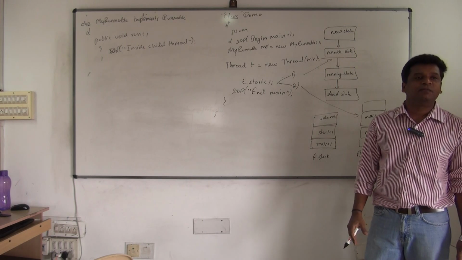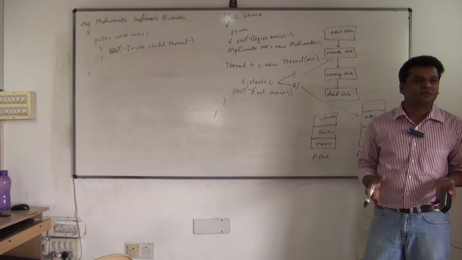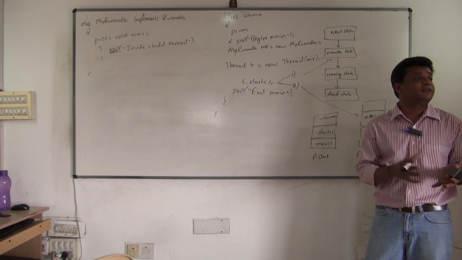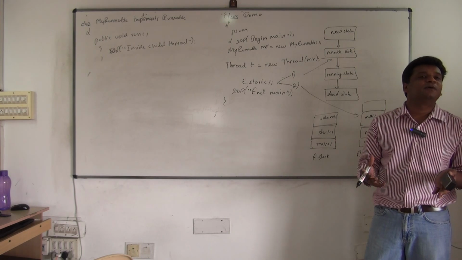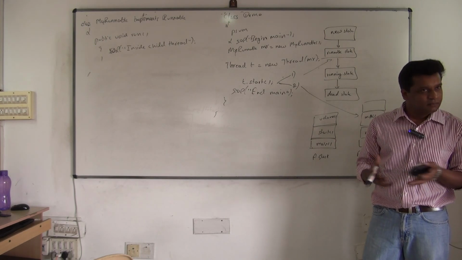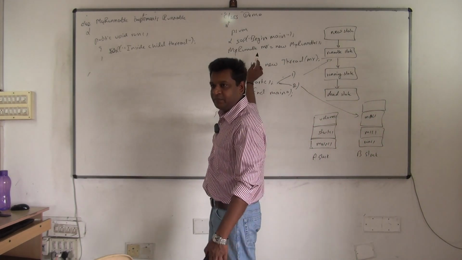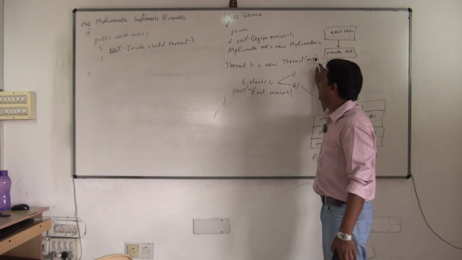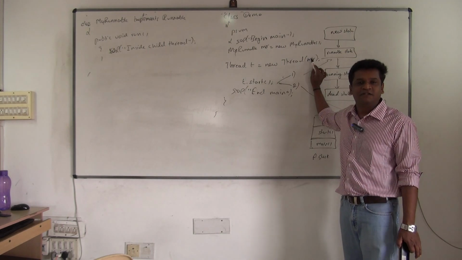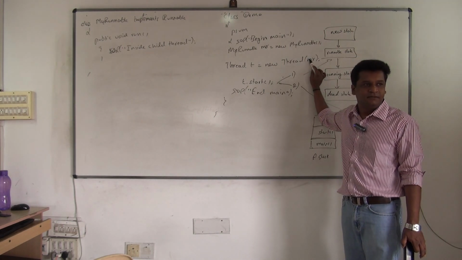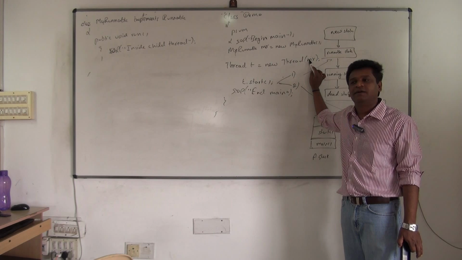There are two activities: one is the logic and the other is the thread. It's always advisable to decouple both. Logic is here, thread is here. Tomorrow if you don't want that logic in this thread, I can change the logic. So from a design point of view it becomes very important.